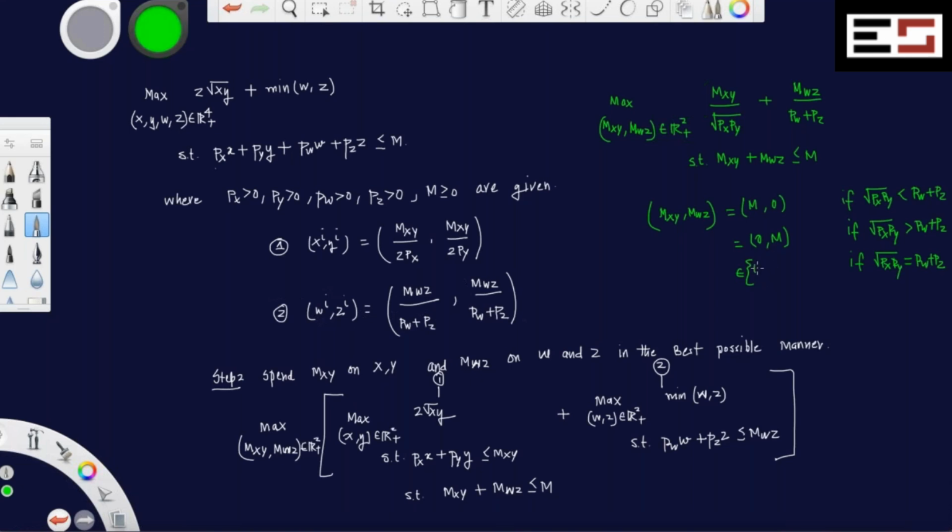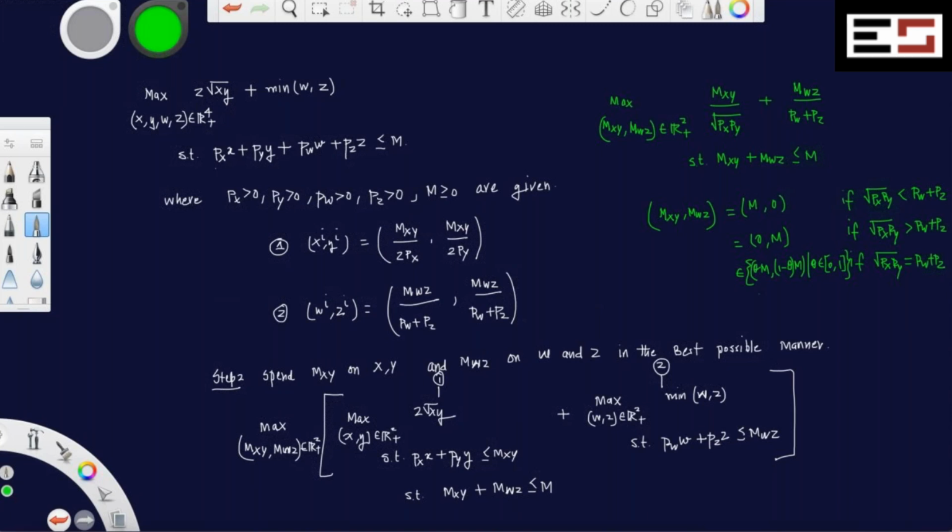So you can say theta m comma 1 minus theta m, where theta is in 0, 1. So you can choose to put any proportion of income on mxy and the remaining on mwz.